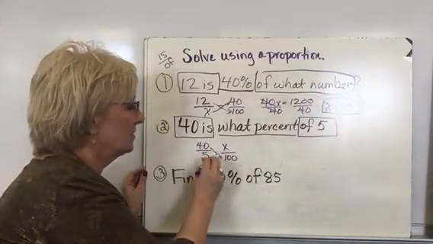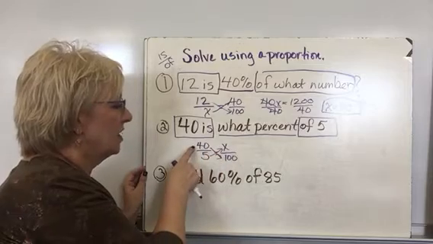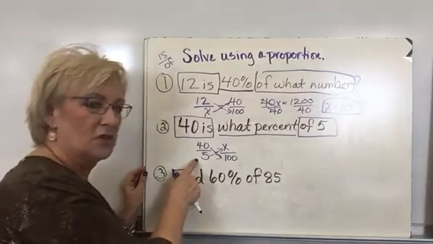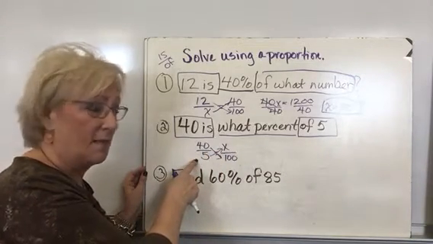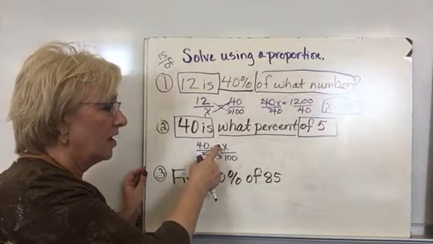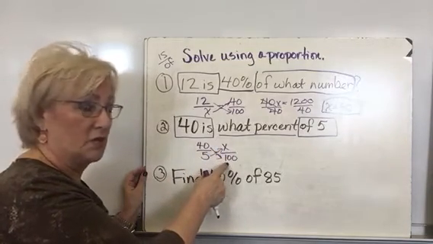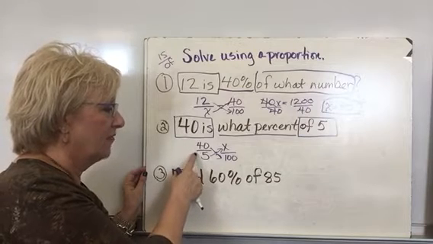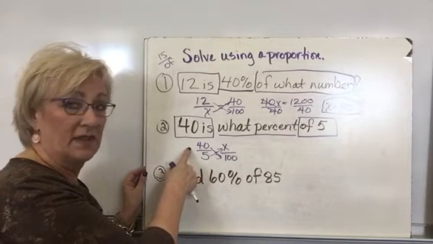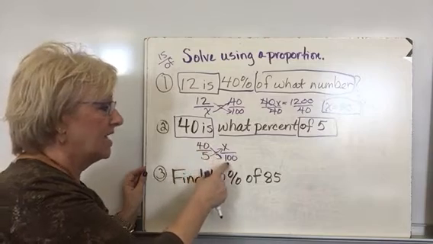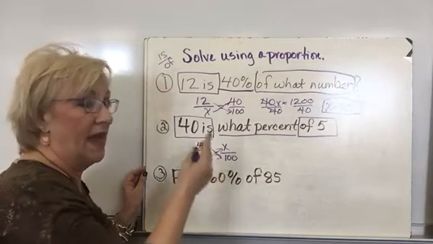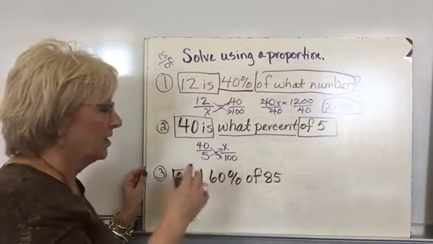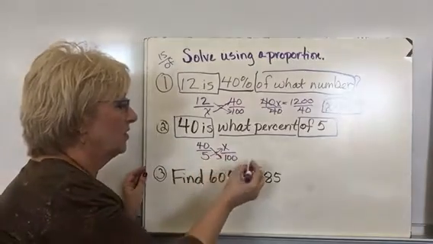I'm going to cross multiply. Now before we do that, I want you to notice that 40 in the numerator is much larger than 5 in the denominator. So the number over 100 is going to be much larger than 100. Actually 8 times, because 40 divided by 5 goes in there 8 times. So this number is going to be 8 times greater than 100, which is going to be 800. And we're going to solve it through a proportion to show you.